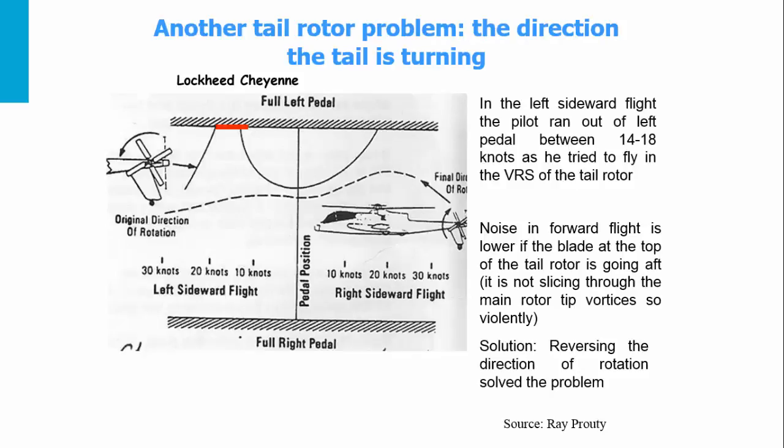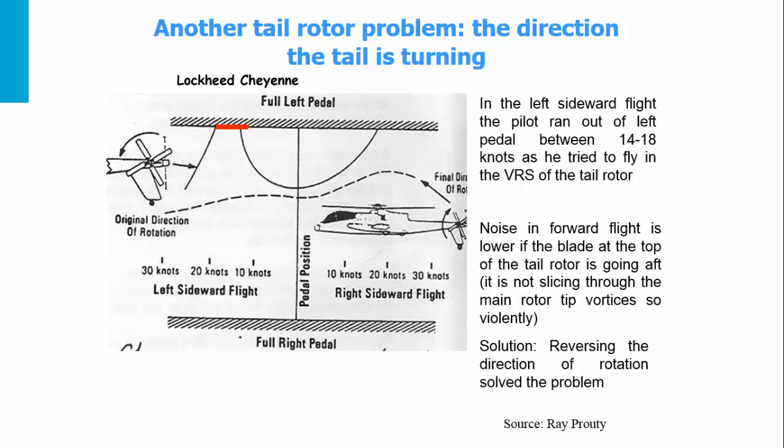Finally, I give you another tail rotor problem and the solution: namely, the direction the tail rotor is turning. You see here a picture of the Lockheed Cheyenne and the pedal position as a function of left sideward flight. On the left-hand side you see the original direction of rotation.